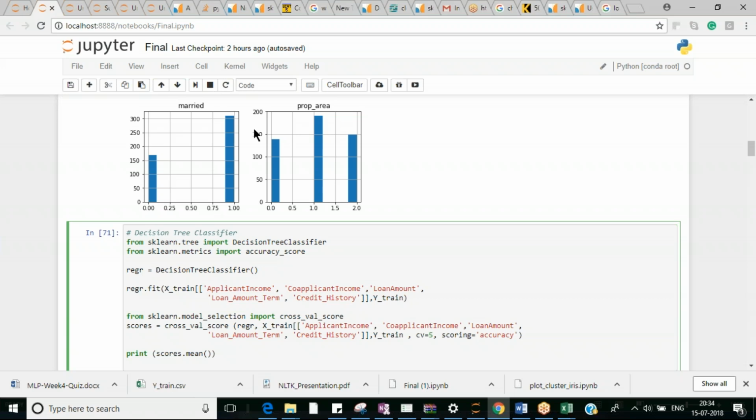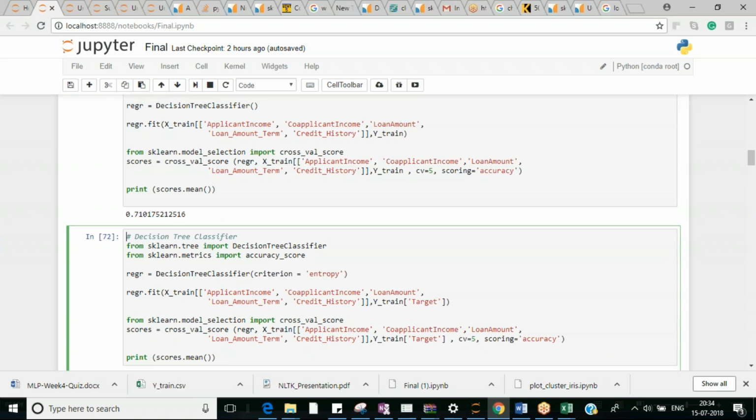It will never happen. But if you can see that the distribution is such, there might be a possibility that, if it is equally distributed, it might not be important. So now what we do is we do a cross validation, apply that model on the specific variables, and see the score.